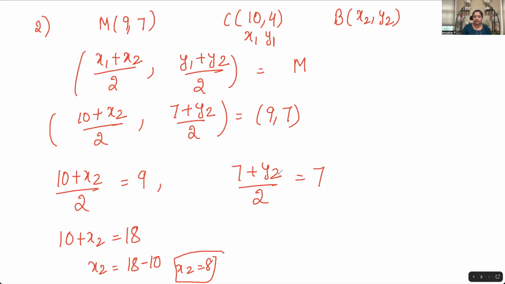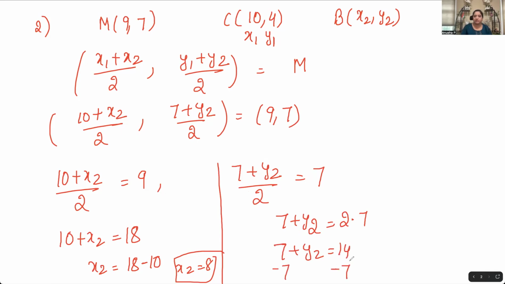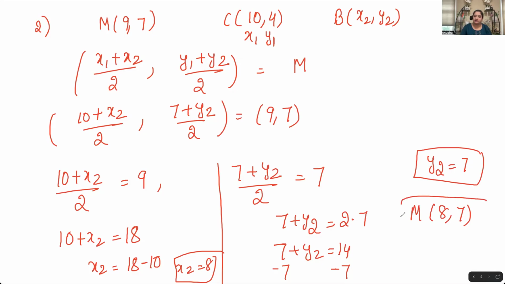Now cross multiply the second equation. 4 plus y2 equal to 2 times 7, which is 14. To solve for y2, subtract 4 on both sides. y2 will be 14 minus 4, which is 10. So the other endpoint B is 8 comma 10.